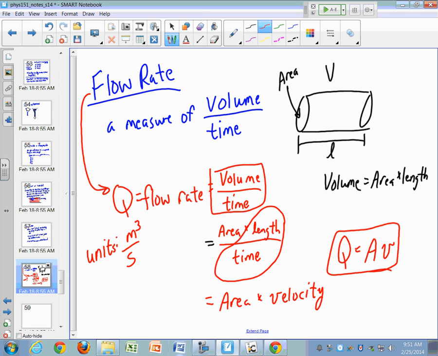Why your flow rate has to remain constant? Why should your flow rate, if I have a closed system, why should the flow rate at any particular point in that system, like even if the pipes get bigger or smaller, why should the flow rate always remain the same? If it doesn't, it'll bust.